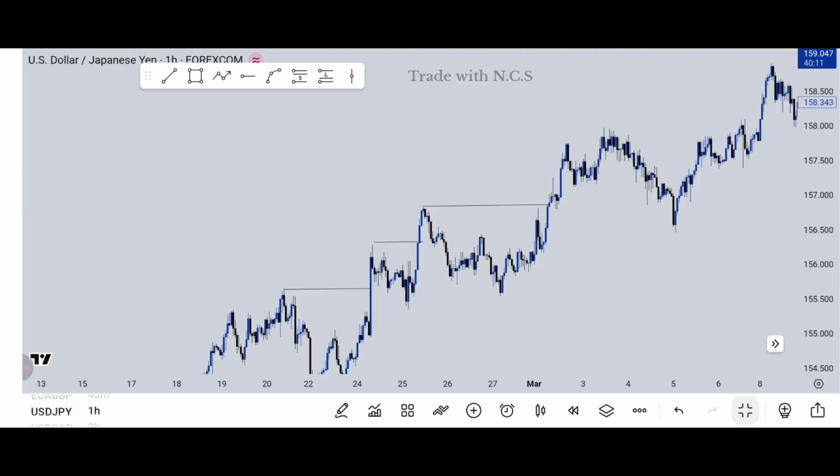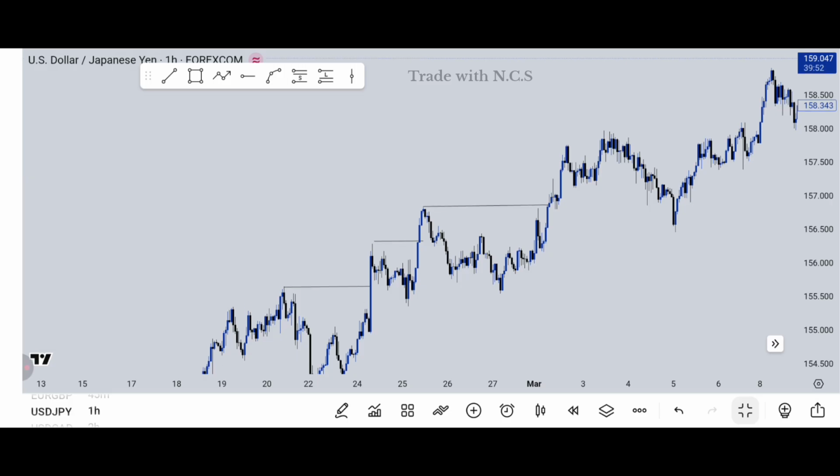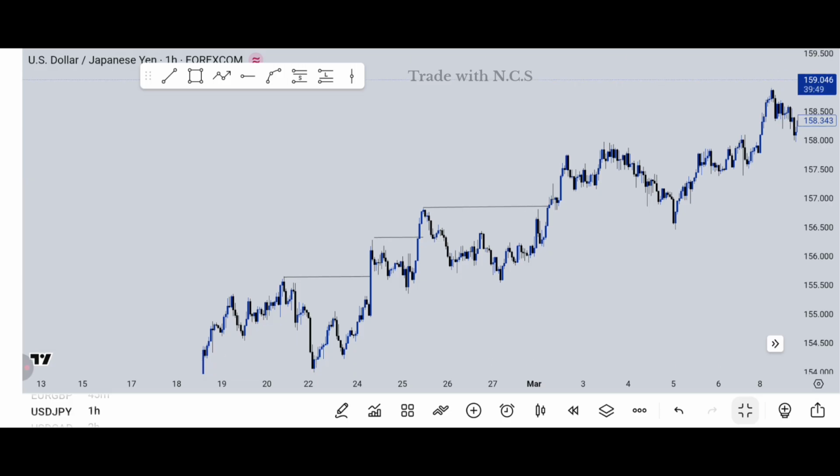This is the type of break of structure that I trade, and it works perfectly well. By the end of this video, when you backtest what I'm about to tell you, you will see that truly it really works. It is the best.